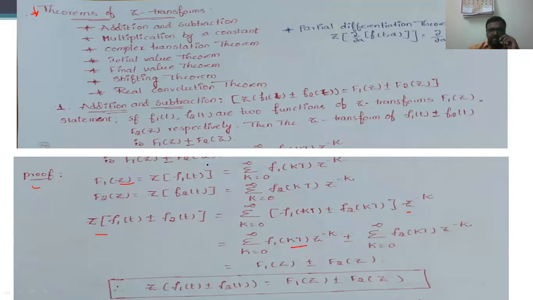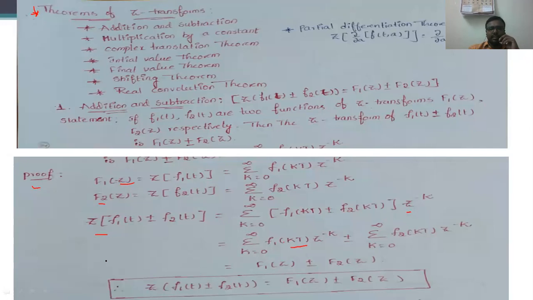This first expression is represented as F1 of z, and the second expression is F2 of z. Therefore, it can be written as F1 of z plus or minus F2 of z.